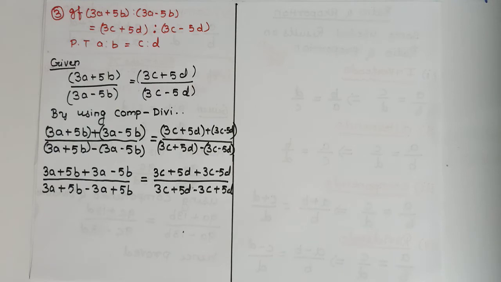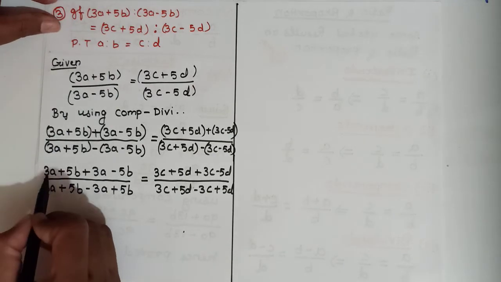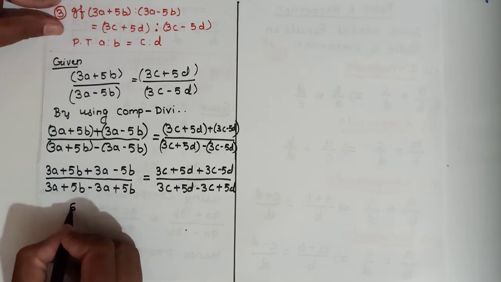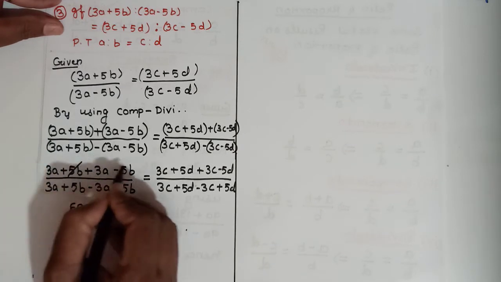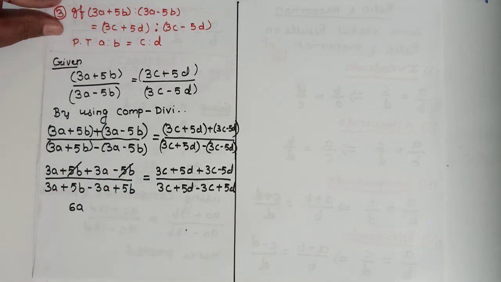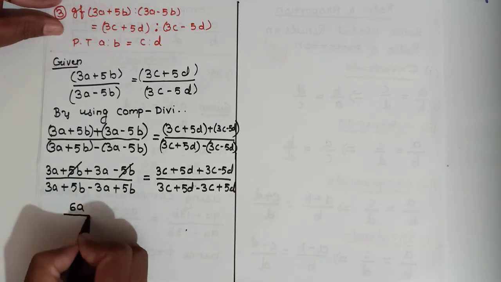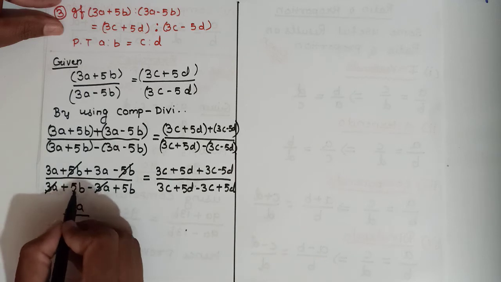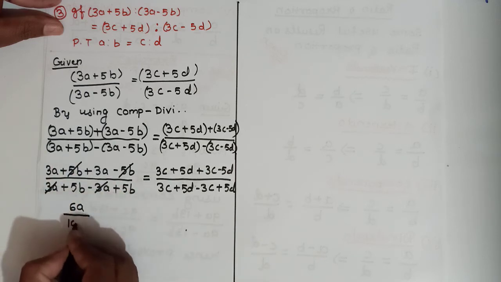Now here if you see, 3a plus 3a will become 6a, and plus 5b and minus 5b will become 0. Same way here, 3a and minus 3a will become 0, and 5b plus 5b is 10b.